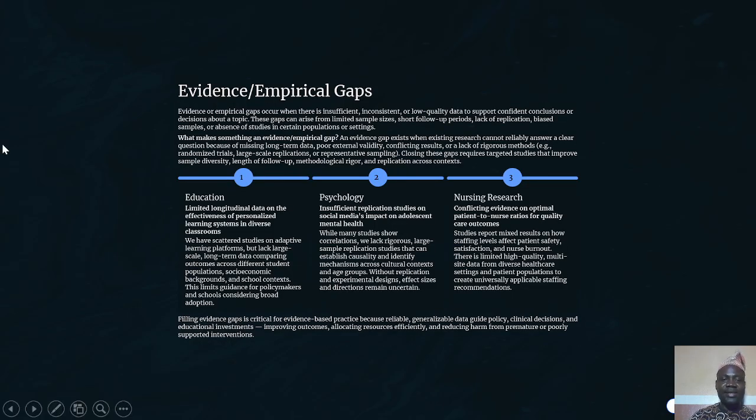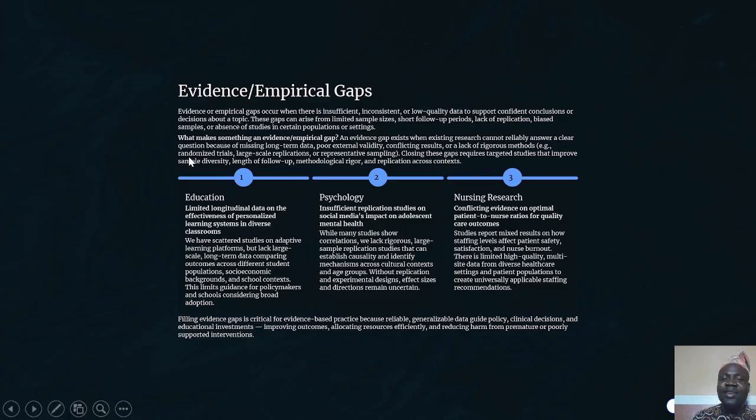The next is the evidence or empirical gap. For example, we already have information about a theory, but the explanation available to support the conclusion of that theory is either insufficient, inconsistent, or low quality data to support confident conclusion.